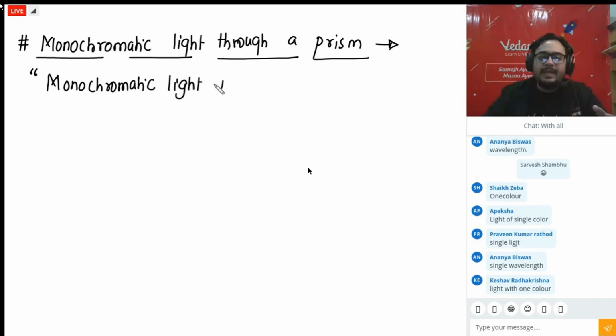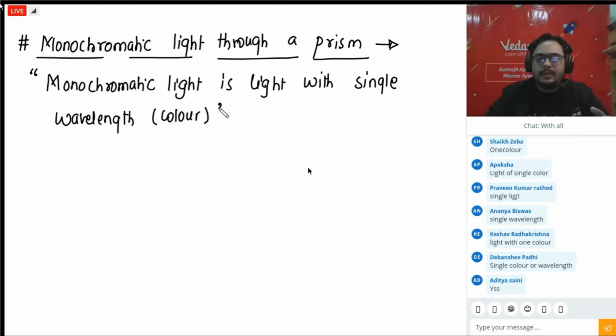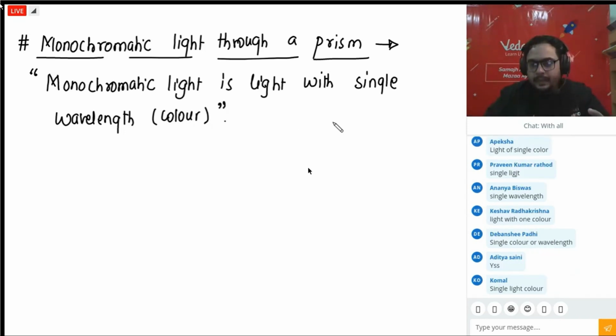Monochromatic light is light with a single wavelength, or you can say a single color. Like if you have light of red color, yellow color, green color.